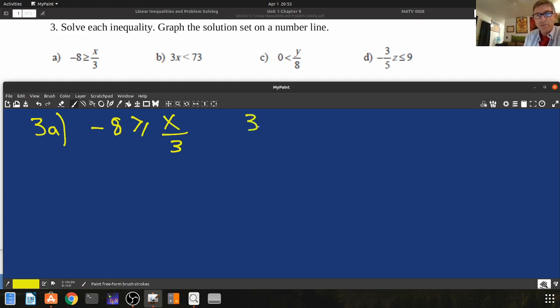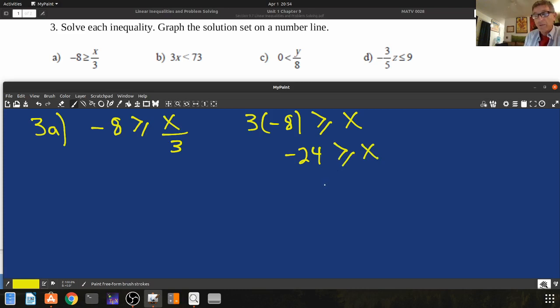So I'm going to multiply both sides by 3. Now notice, that's a negative 8, but I'm multiplying by a positive number. So there is absolutely no need to flip the direction of this inequality. So 3 times minus 8 is minus 24. So that's minus 24 is greater than or equal to x.